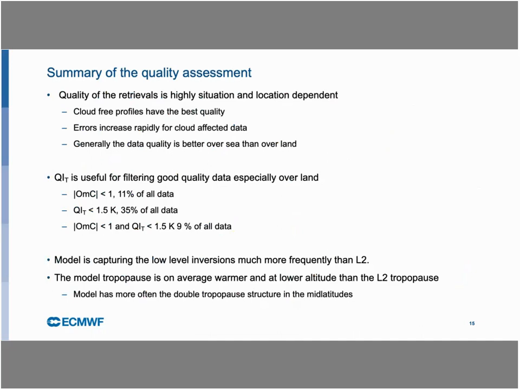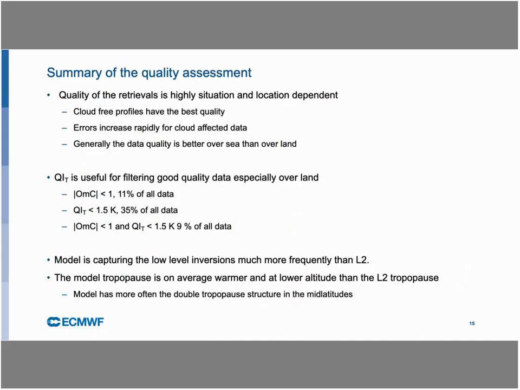And we have introduced the quality screening criteria. So the O-C, the cloud information, is the most effective criteria to select the good quality data. And the criteria of having the O-C absolute value less than 1 represents 11% of all the data that is available. The quality indicator for temperature is also a good additional screening method.